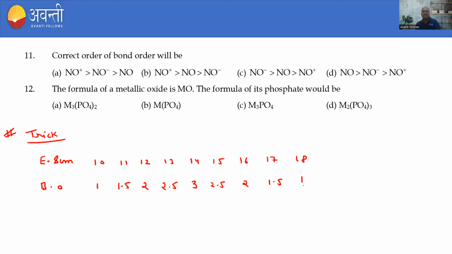So this is the trick that we are going to use for calculation of bond order. Here, in the case of NO plus, let me explain with this. We have NO plus, NO negative, and NO.